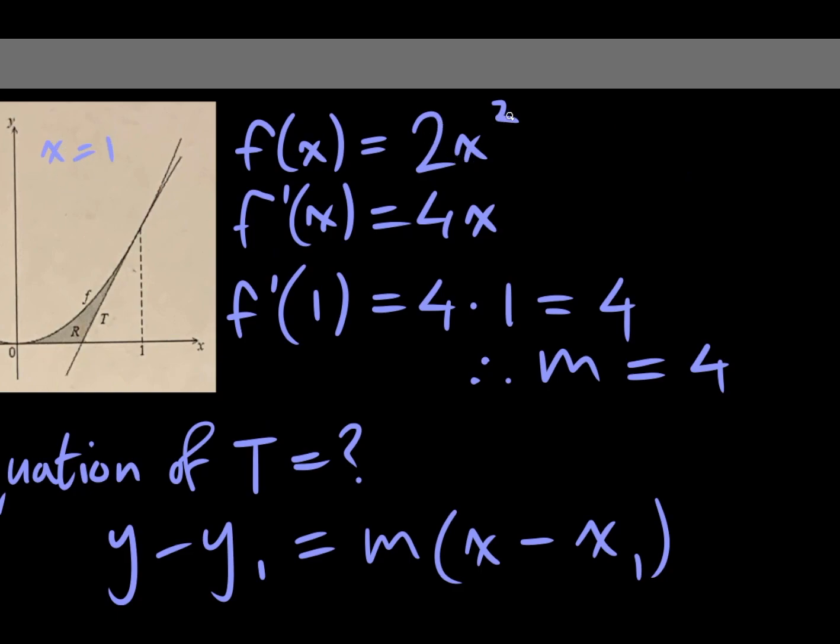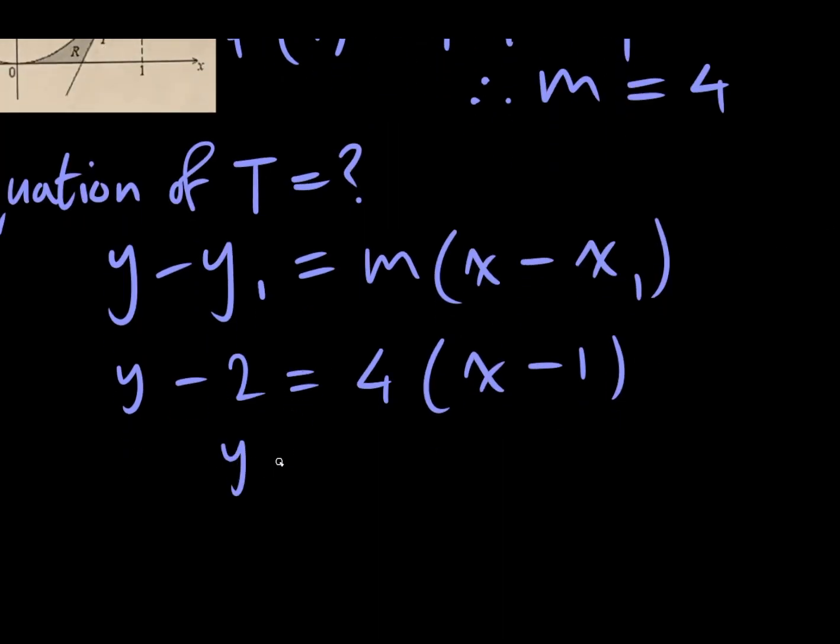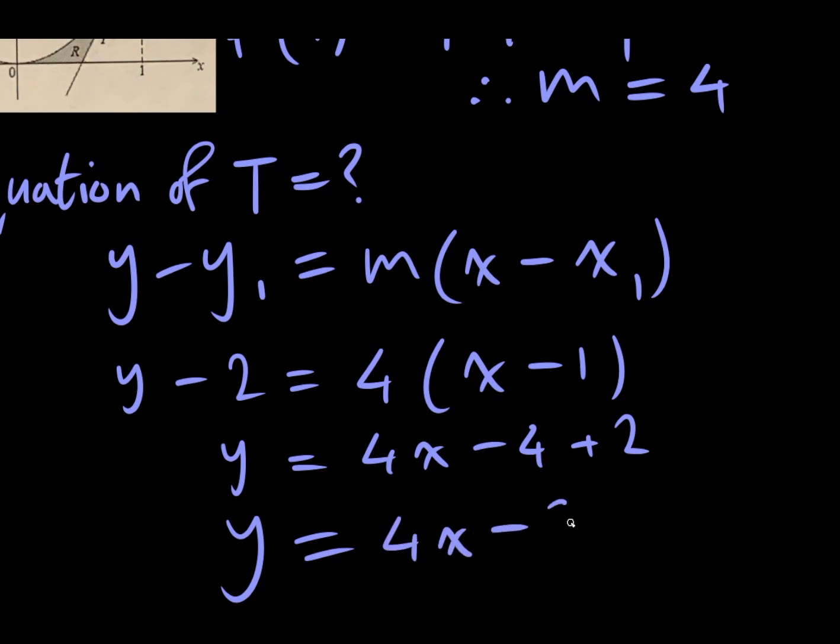It'll be 2 times 1 squared, which is just 2. Y equals 2 at this point here. So y minus 2 is equivalent to 4 times x minus 1. Little bit of expanding, we'll get that y is equal to 4x minus 4 plus 2. And the final equation of t, y equals 4x minus 2.